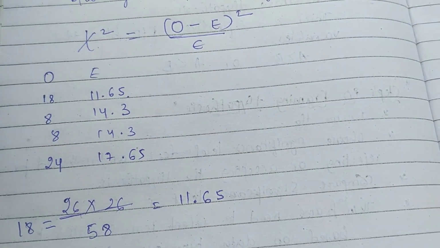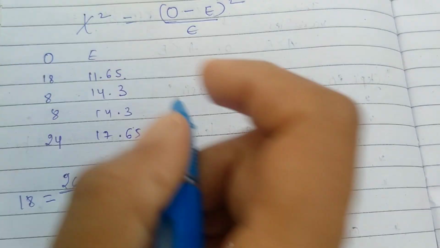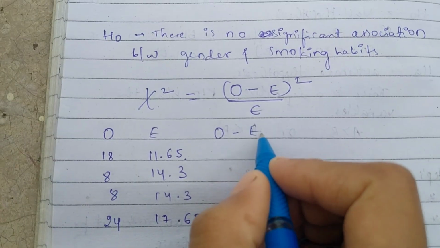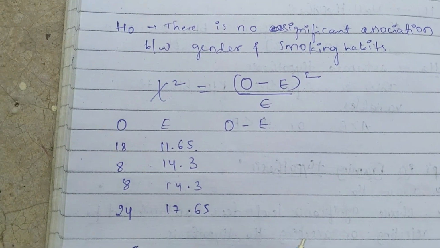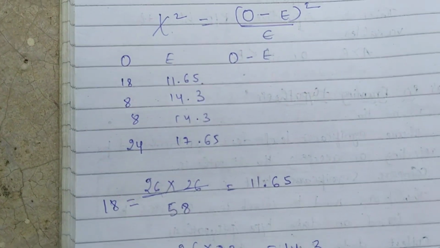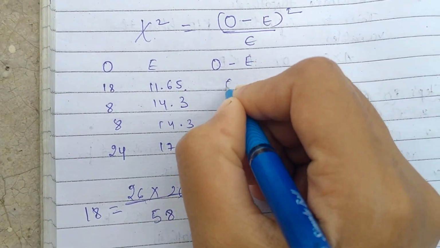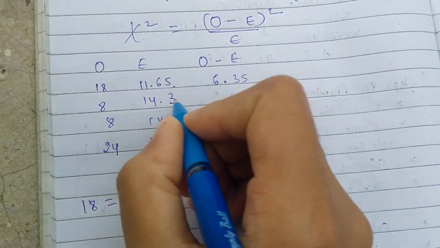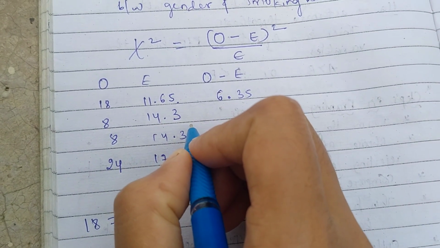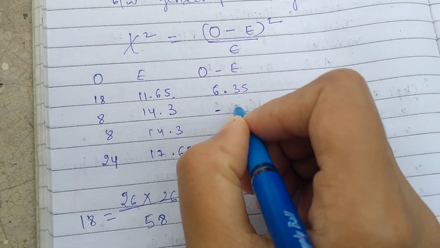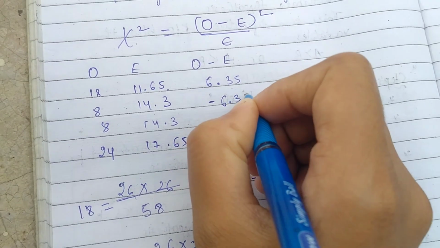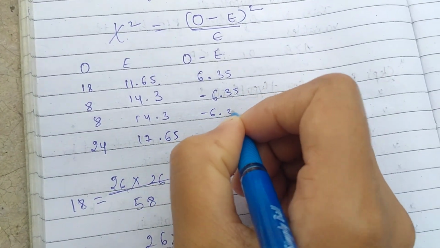Next we calculate observed frequency minus expected frequency. 18 minus 11.65 gives 6.35. Similarly, 8 minus 14.3 gives a negative value because 14 is bigger than 8, so again 6.35, and it is similar for the other.